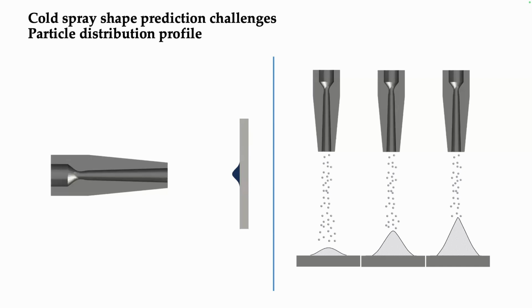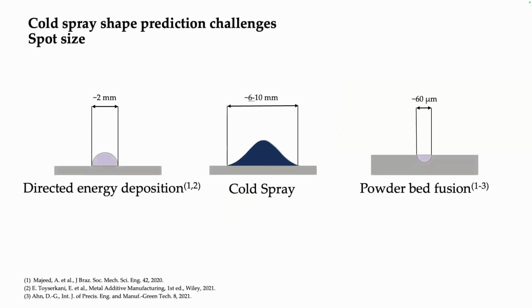As we increase the number of passes on the same track, or decrease the nozzle transfer speed, this Gaussian shape evolves into a triangular shape. So to make things even more complex, it becomes even sharper and changes its form.